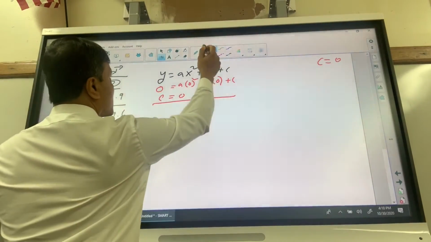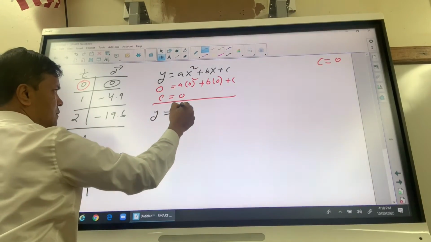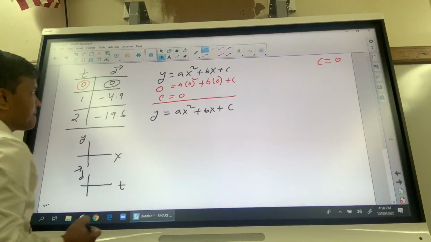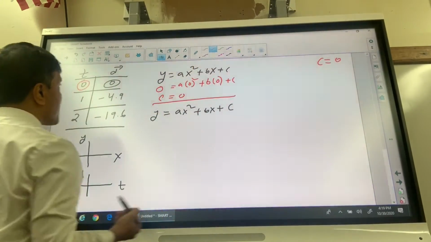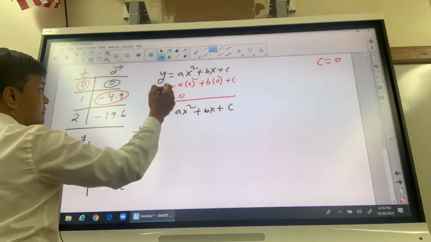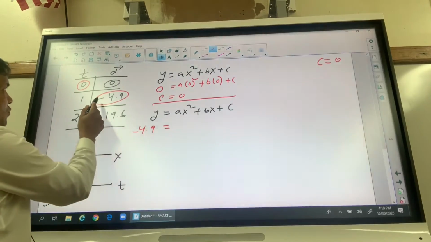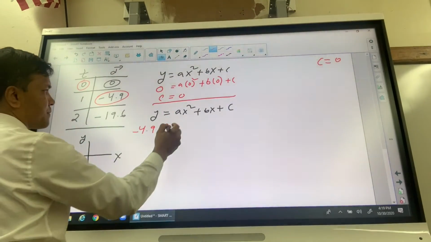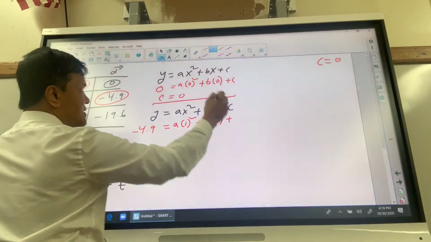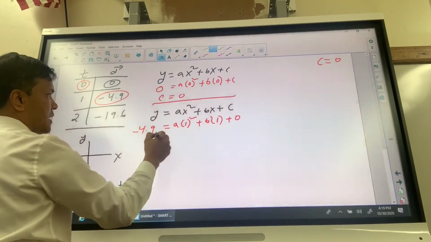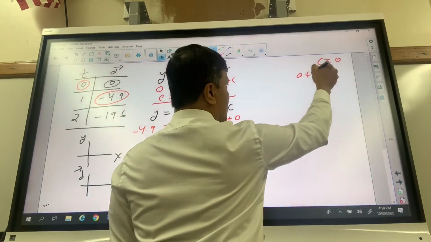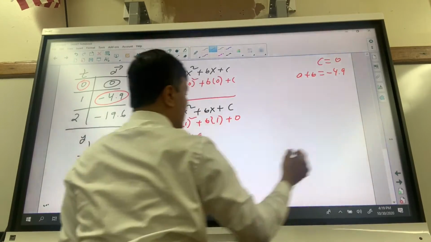Now let's keep going. Let's keep doing the mathematical deduction. Now this time the y is negative 4.9, and x is 1. And c is 0. So a plus b is equal to negative 4.9. We're going to put it. All right.